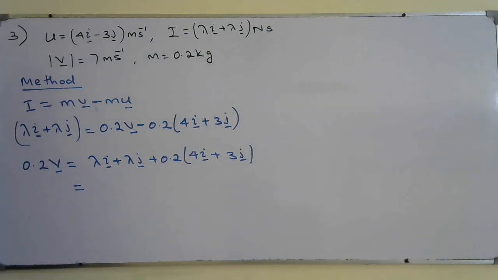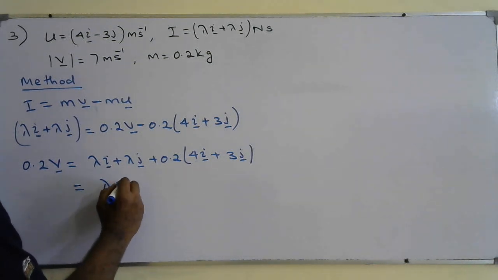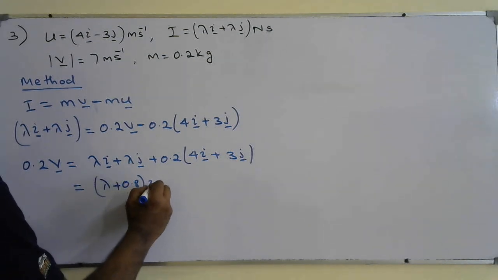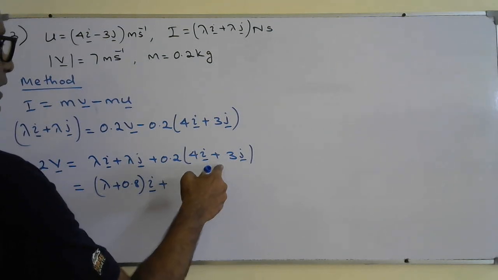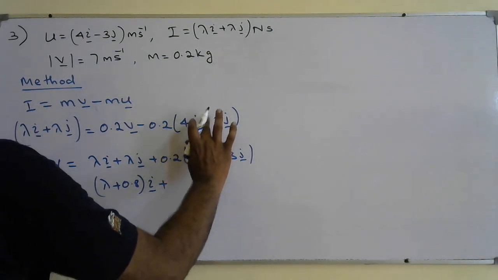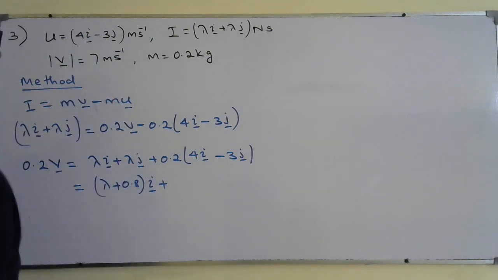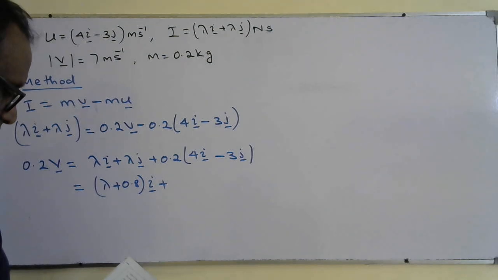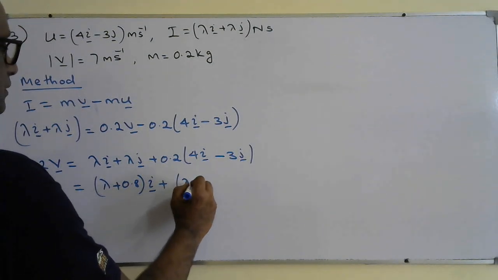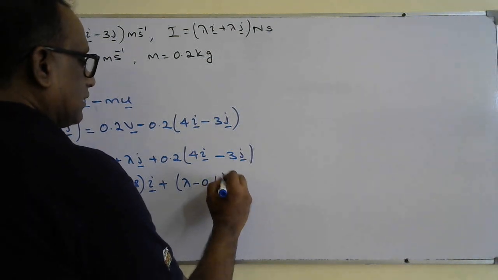Rearranging, it's going to be lambda plus 0.8, that is 0.2 into 4, i, plus lambda minus 0.2 into 3, that is 0.6, j.